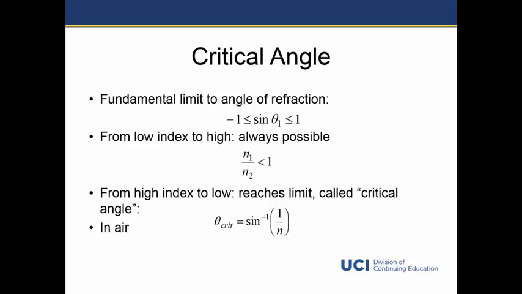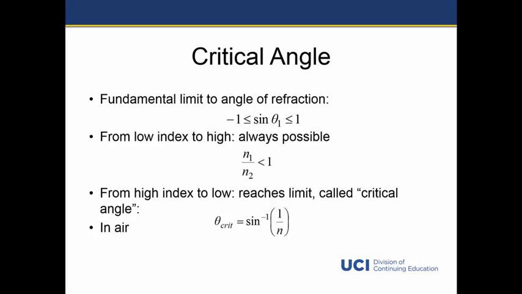Another concept that we have to consider is what's called a critical angle. If we think about the term the sine of theta, whether it's theta 1, theta 2, the fact is the value of sine of theta can only range between -1 and +1. Okay? So if we think about our calculation of the angle at the index boundary being n1 over n2 sine theta 1 is equal to sine theta 2, if n1 over n2 is less than 1, what that tells us is any ray can exit because a valid calculation for theta 2 exists.